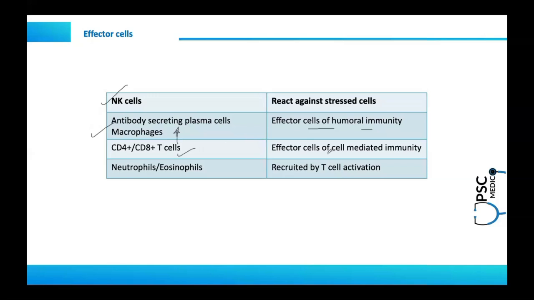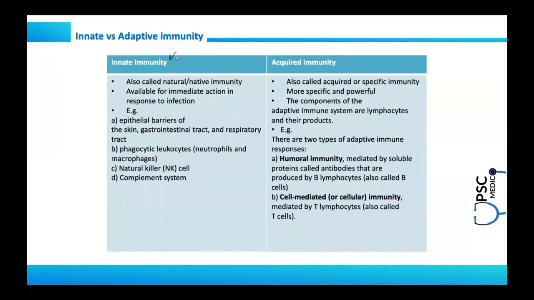And we also have antibody secreting plasma cells and also macrophages. They're all effector cells of humoral immunity. And CD4, CD8 T cells are effector cells of cell-mediated immunity. And even neutrophils and eosinophils also help in innate immunity. We also call it natural immunity or native immunity. Okay, it is natural, it is native, and it is readily available whenever there is an infection.